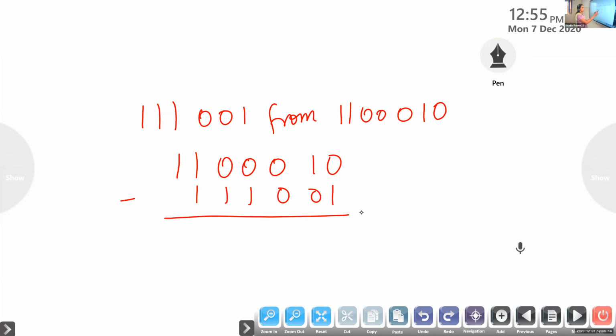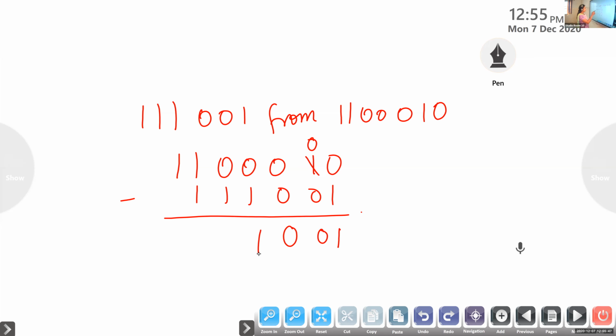Tomlin, shall you subtract? Tell me, Tomlin. What is 0 minus 1? Ma'am, 1, with a borrow. So 1, if you borrow it here, it will become 0, isn't it? Yes. So then 0 minus 0, 0. 0 minus 0, 0. The 0 minus 1, ma'am, 1 with the borrow of 1.